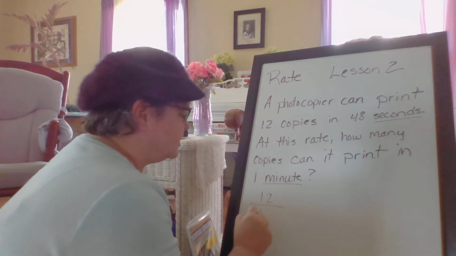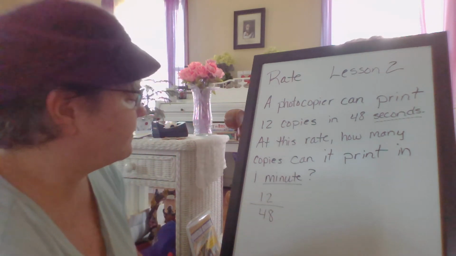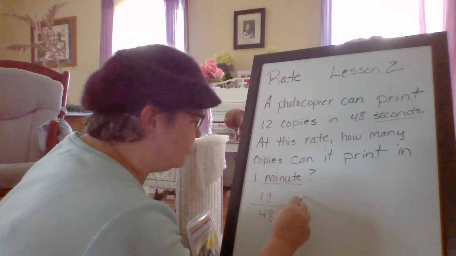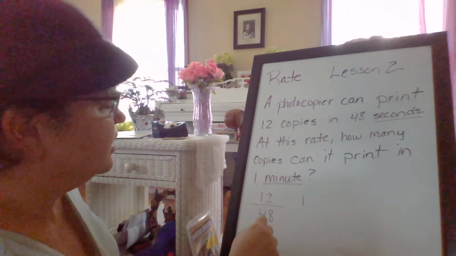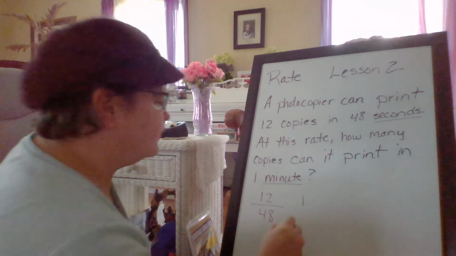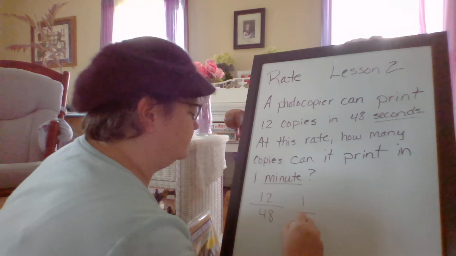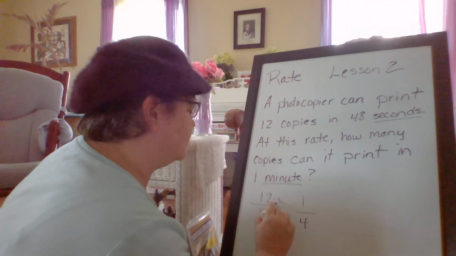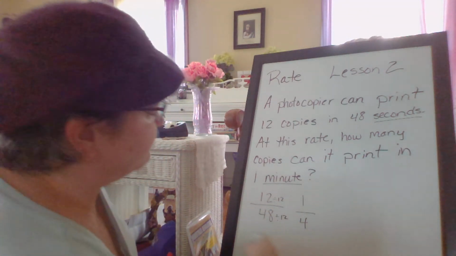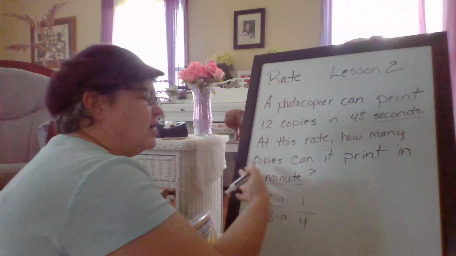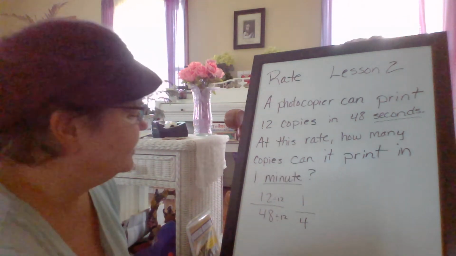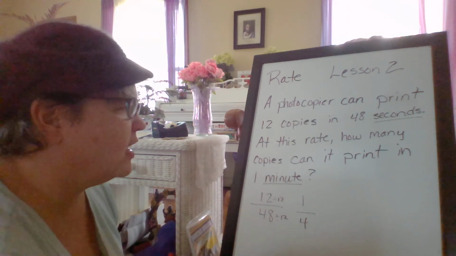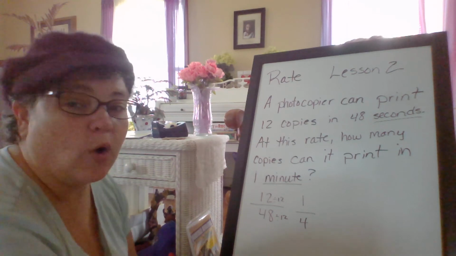They can do 12 copies in 48 seconds, right? So 1 copy would take them just 4 seconds, because we're dividing here by 12. So now we know that they could do 1 copy in 4 seconds. That doesn't help us with how many copies it can print in a whole minute.